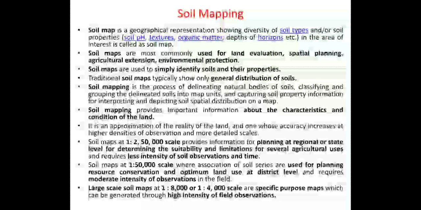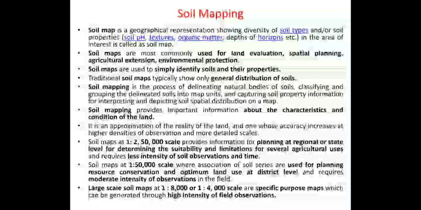The map units are generally used for classification, distribution, identifying the properties, as well as evaluation of the land, and this information should be interpreted or manipulated with the help of GIS or GPS technologies. Then finally you have to prepare the maps.